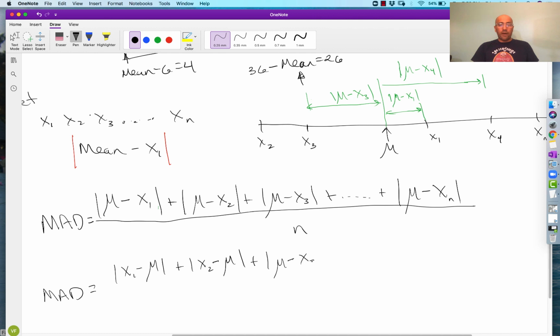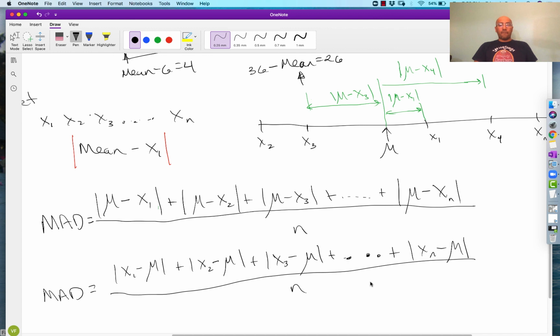Either way, whether you get a positive or a negative inside the absolute value, once we apply the properties of absolute values, we guarantee that the output is going to be positive. Whoops, I meant to put it the other way around for this one too. x sub 3 minus mu, and then x sub n minus mu, absolute value, and then we put an n there. Okay, so this is the formula for MAD, the mean absolute difference.